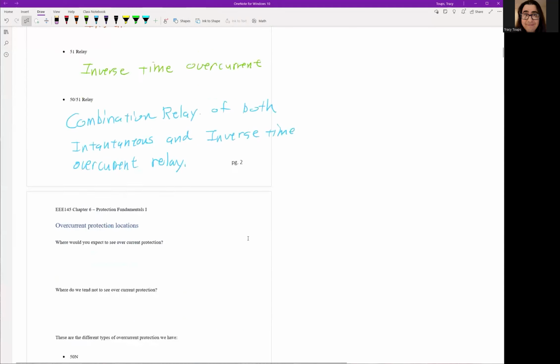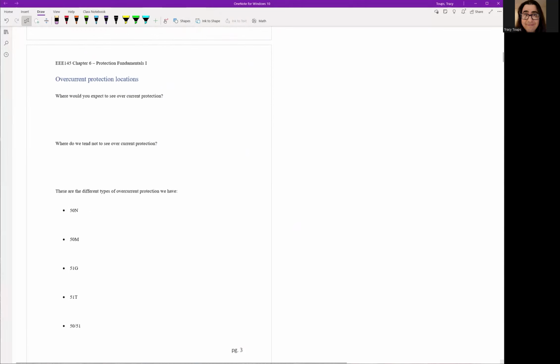Okay. So the big thing is you have 50 and 51 for overcurrent protection. Now, next question would be, where do we see these in the power system? Typically, overcurrent relays we're going to see in distribution, on feeder protections. We'll say even transformers have them, right?